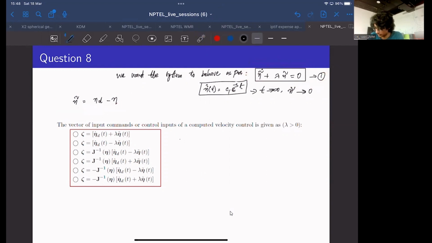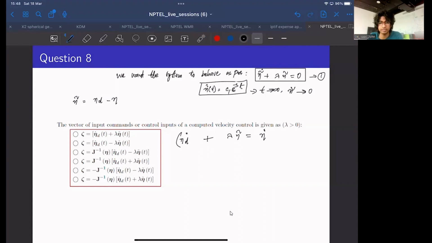So eta desired dot minus eta dot plus lambda eta tilde equals 0. And I'm bringing this eta dot to the other side of the equation.